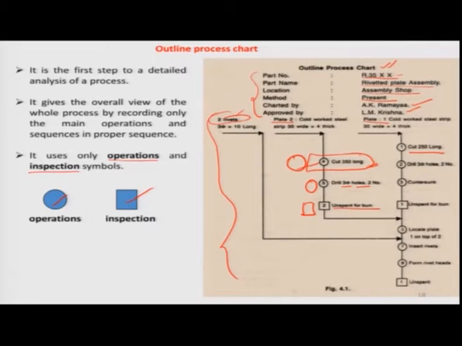Again, for plate 1, you have to perform some operations. You will make a cut of certain size on that plate, then drill, then countersink, then inspect for burr, then locate the plate. After doing both, you are making them ready to locate the plates, one on top of two, then insert rivets and form rivet heads, and inspect. Here in all steps you can see that they have used either operation or inspection, operation, inspection, operation, and finally inspection of the final assembly.